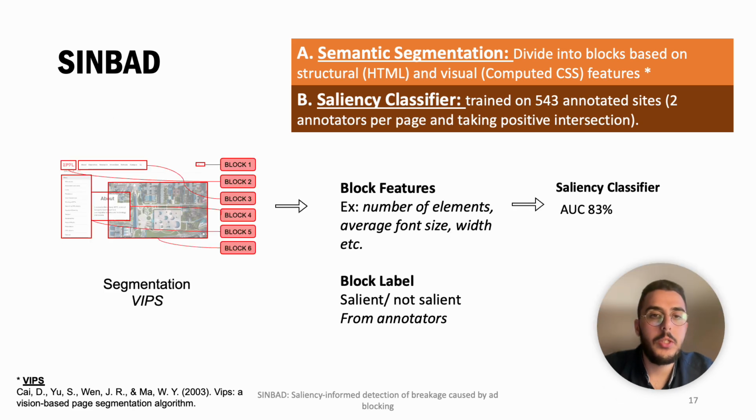After segmenting the page, we extract features from each segmented block, and we train the saliency classifier given the annotator labels, which achieves an 83% area under the curve score under some cross-validation approach.